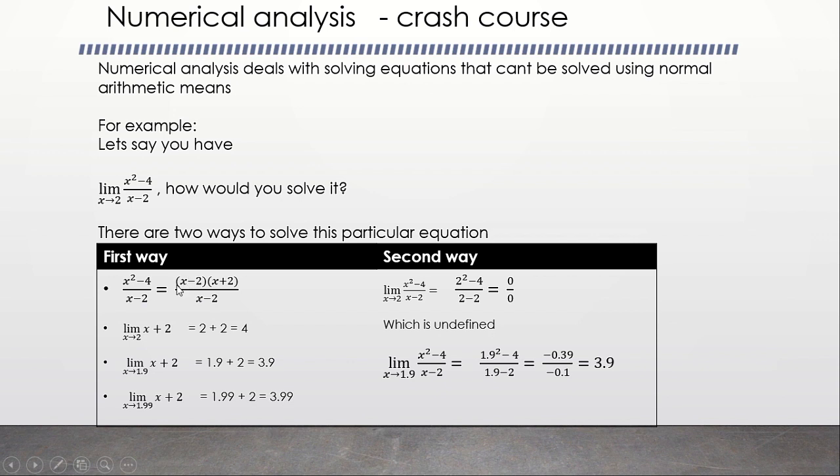Notice that we have x minus 2 on the top and x minus 2 on the bottom, so we can just cancel those out, and then we have our function, the limit as x approaches 2 of x plus 2, which is equal to 2 plus 2, which is 4. And if you plug in 1.9, you see that you get the value 3.9, and so on and so forth for that value, as you continue going there, right?